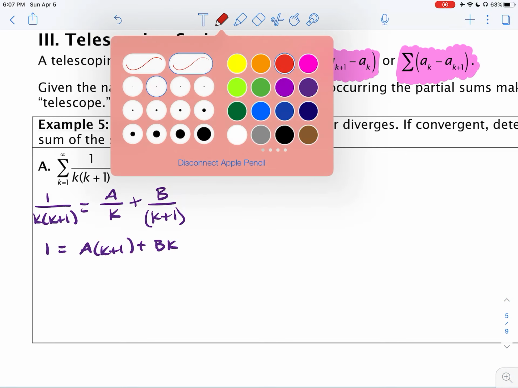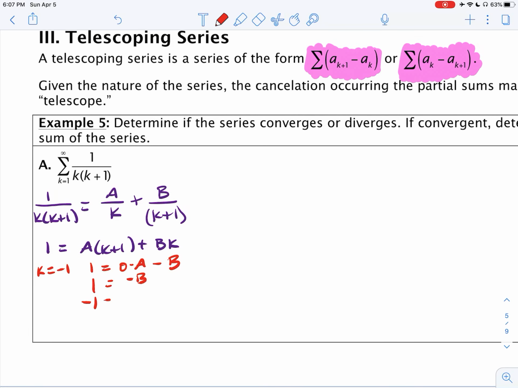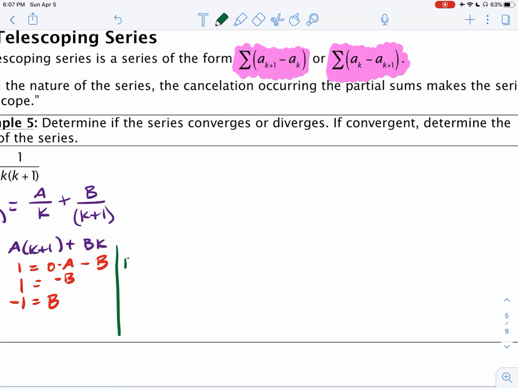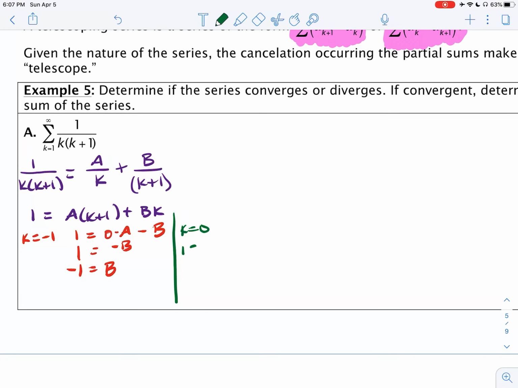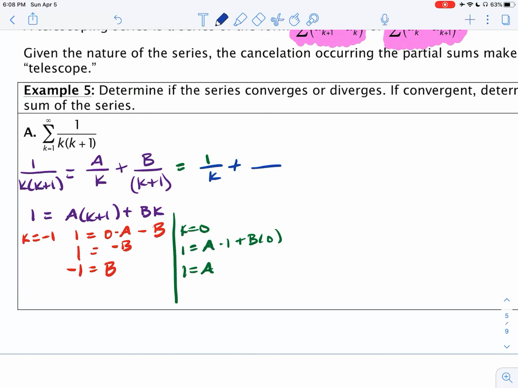And when I choose particular values of k, in particular if k is equal to minus 1, we have 1 equal to 0 times A minus B, and so we end up with minus B equal to 1, or minus 1 is equal to B. Second, if we take k equal to 0, we end up with 1 equal to A times 1 plus B times 0, or 1 is equal to A. So then we can rewrite 1 over k(k+1) as 1 over k plus the negative 1 over k+1.